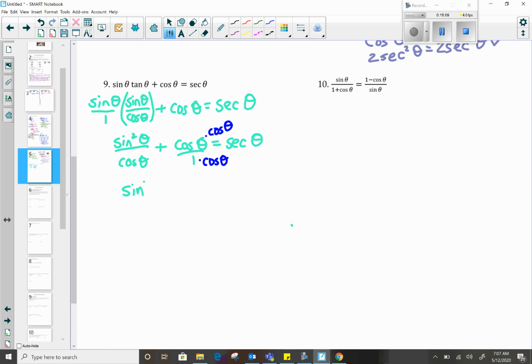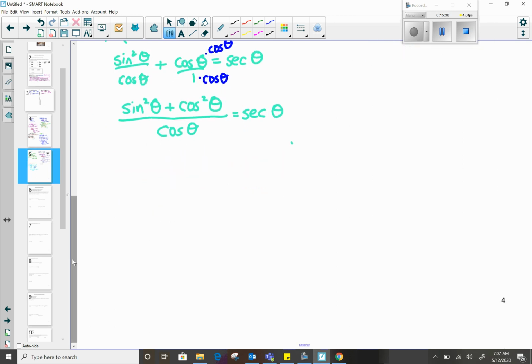So I keep my sine squared because I'm not multiplying this side by anything, but on this side, I get cosine times cosine, which is cosine squared theta. These both have cosine on the bottom, so that's why I could condense the tops, and it just becomes cosine theta on the bottom. Secant theta.